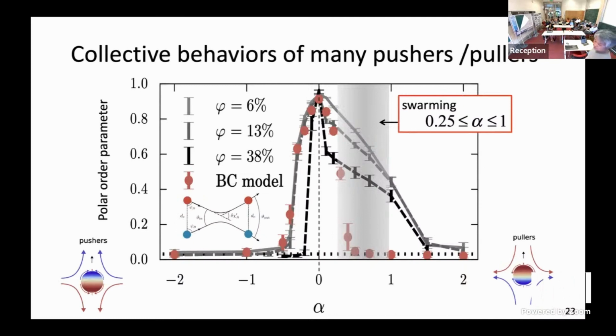If the value of alpha is outside this asymmetrical region, nothing happens. And more interestingly, we tried to reproduce this asymmetric behavior by using a binary collision model.